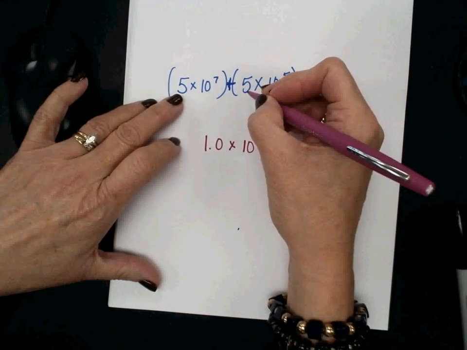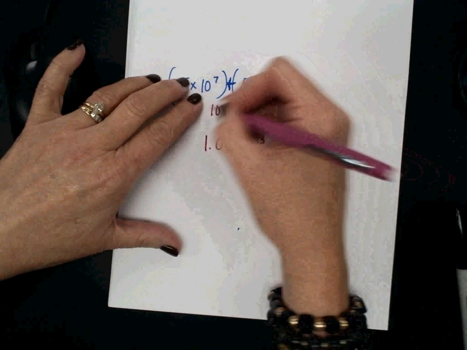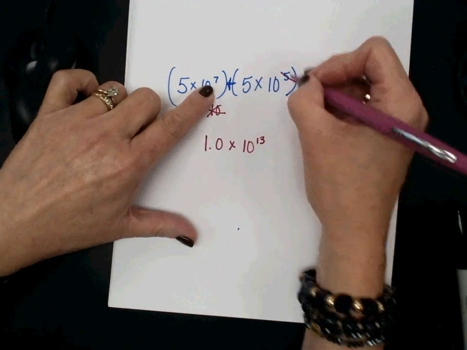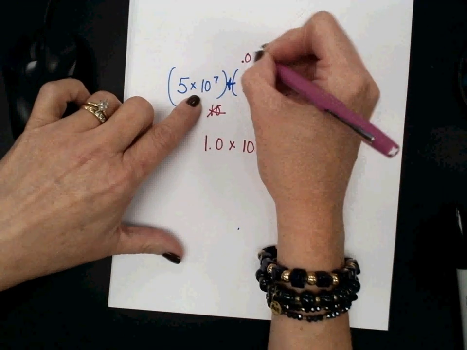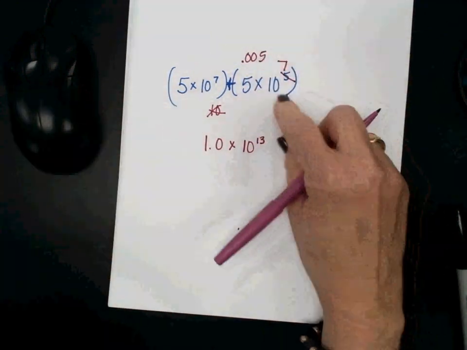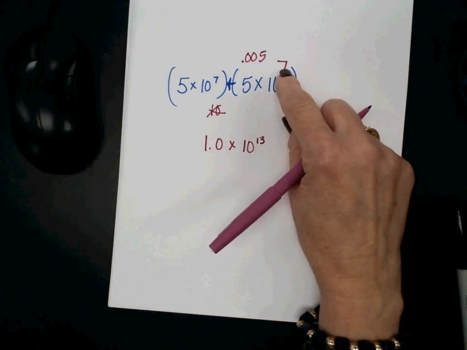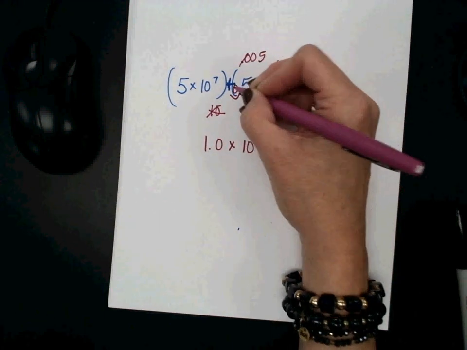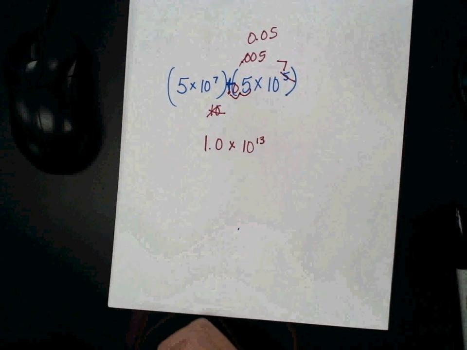Okay, let's check it. I'm not really sure. I do know that 5 plus 5 is 10. Before I even do that, I have to fix this, right? So if this becomes a 7, this has to become 0.005. This got larger by 2 tens places. This has to get smaller. Whoops, nope. 1, 2. I put an extra 0 up there.